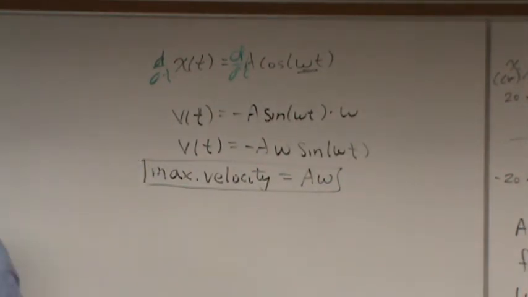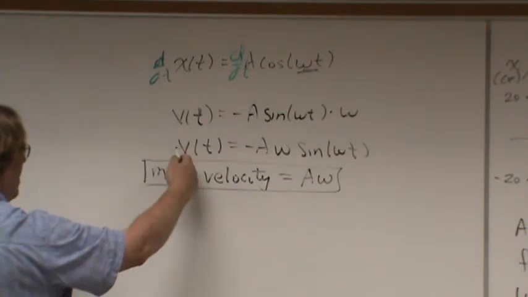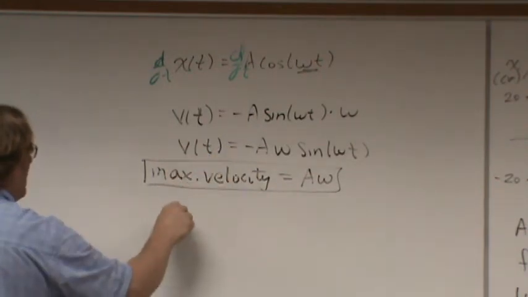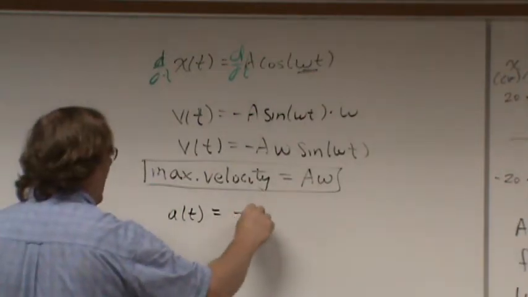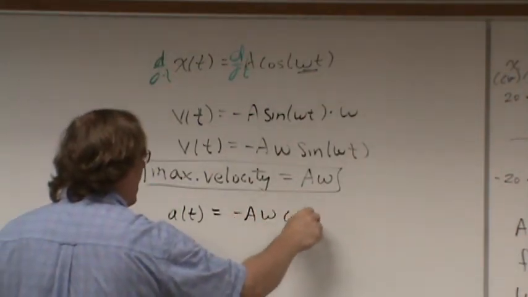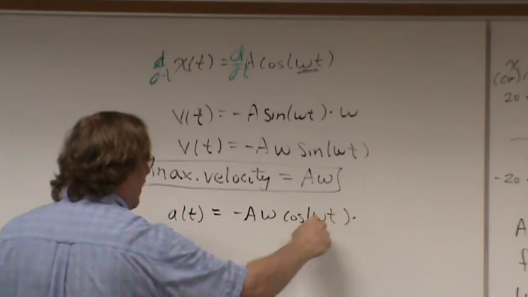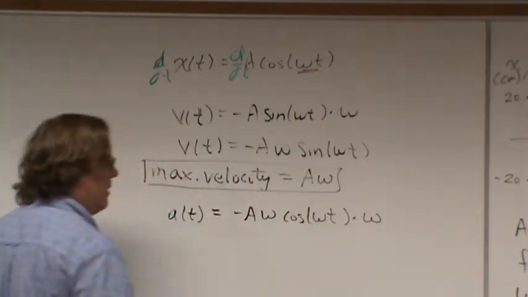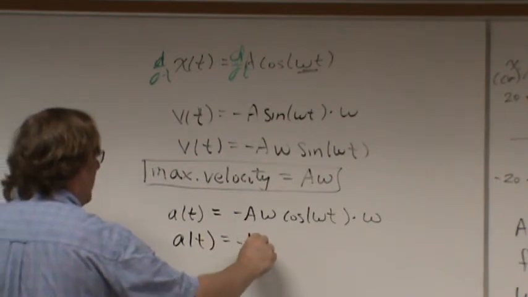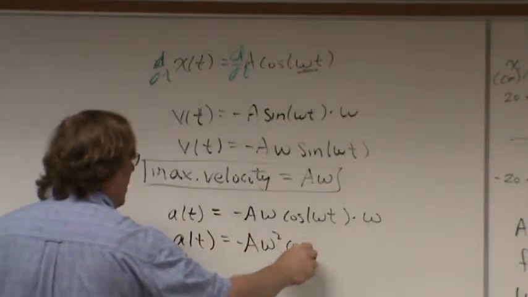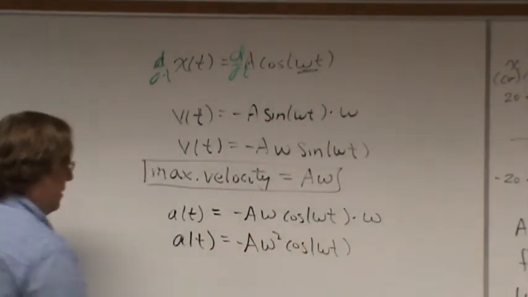And the same sort of thing happens with acceleration. If I take the derivative of my velocity equation, I get my acceleration equation, and that ends up being a omega cosine of omega t. But then I have to multiply by the derivative of omega t, which is another omega, pops out. So I've got a of t equals negative a omega squared cosine of omega t, right?